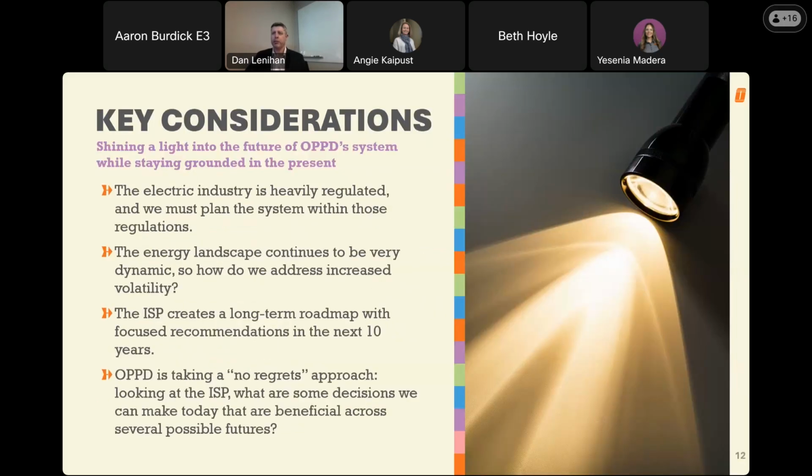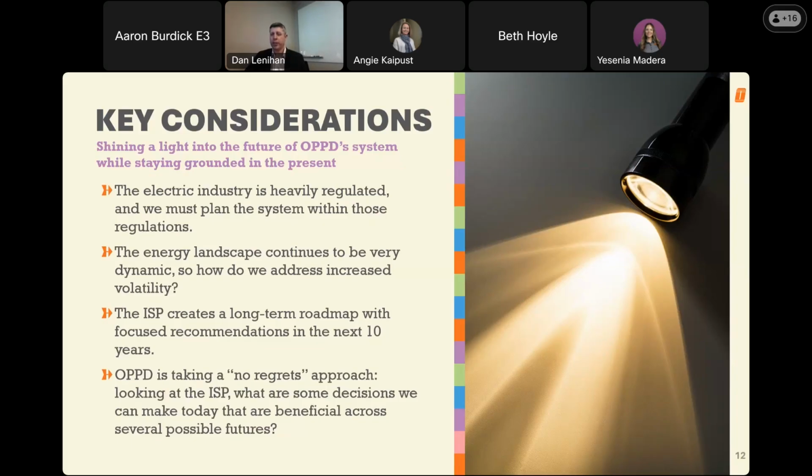There are some key considerations for this ISP I want to unpack here. First, the electric industry is heavily regulated, and we have to plan our system to abide by those regulations. Also, the energy landscape continues to be very dynamic. So how do we address increased volatility in this study?